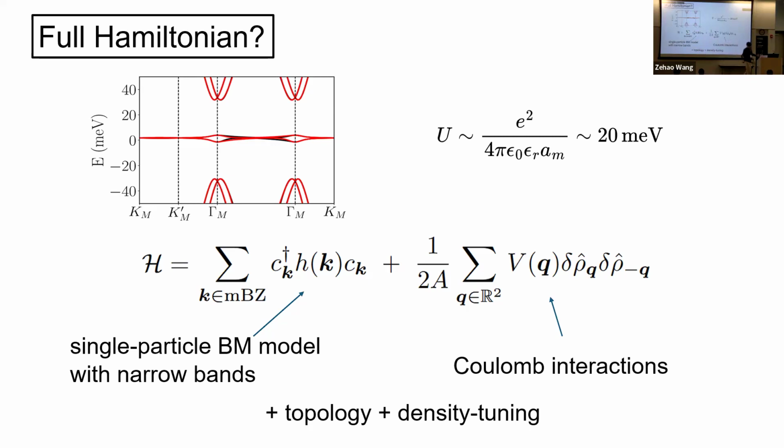So unlike 3D crystalline systems, because this is a 2D system, we can surround it with gates, and by tuning the gate voltages, we can actually dope the system. And in fact, you can actually dope right into the remote bands as well. So with all these things, it seems like we have all the perfect ingredients to realize strongly interacting topological physics.